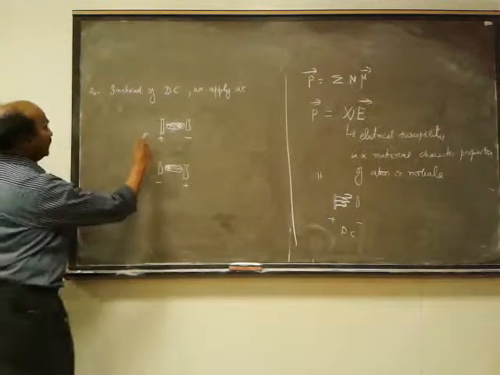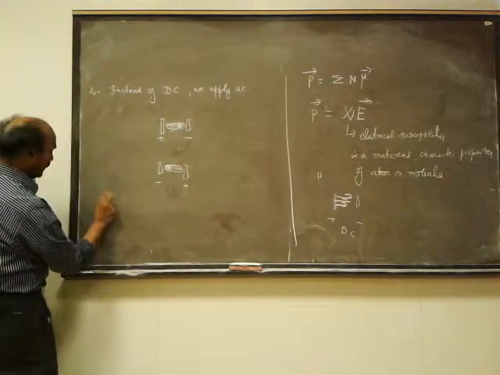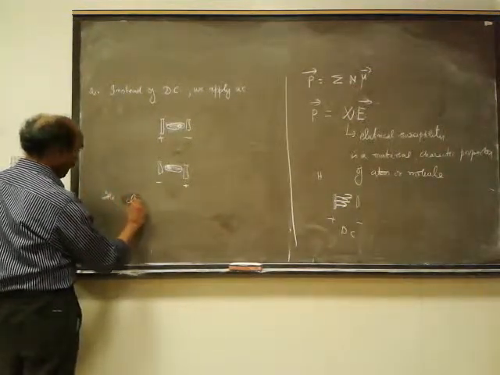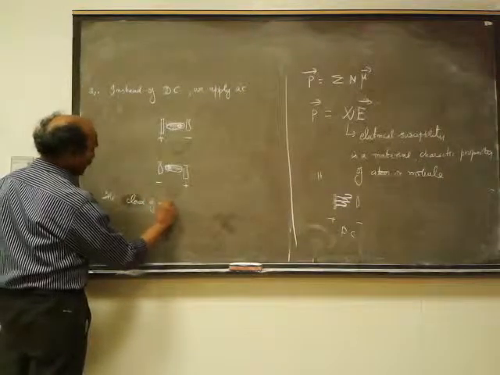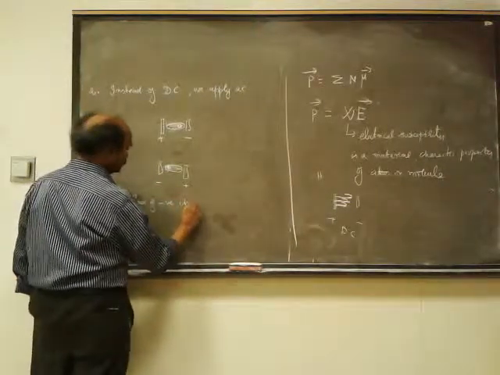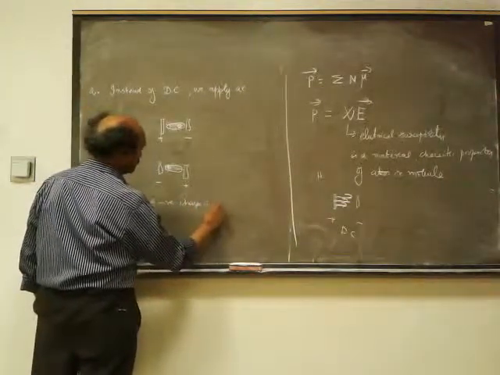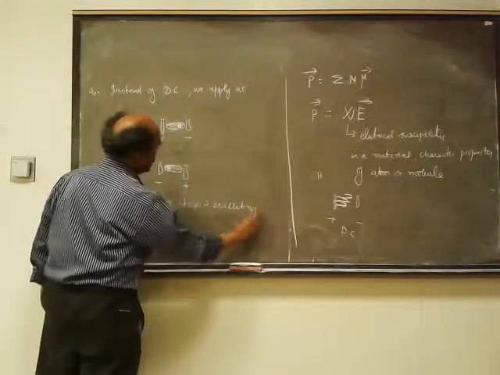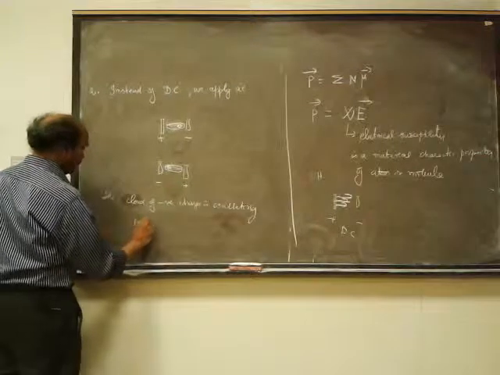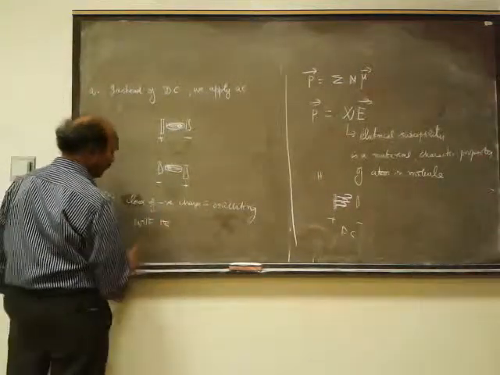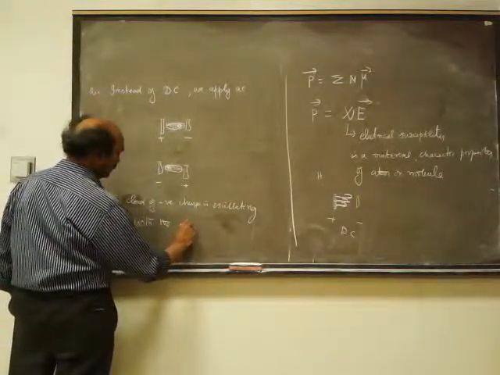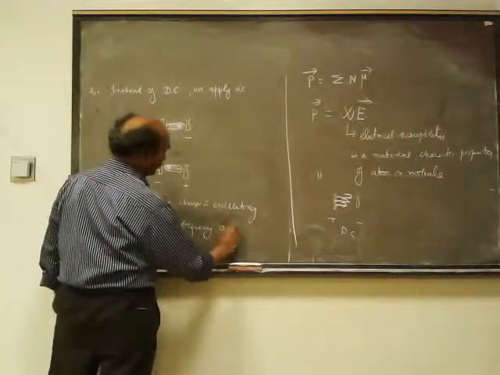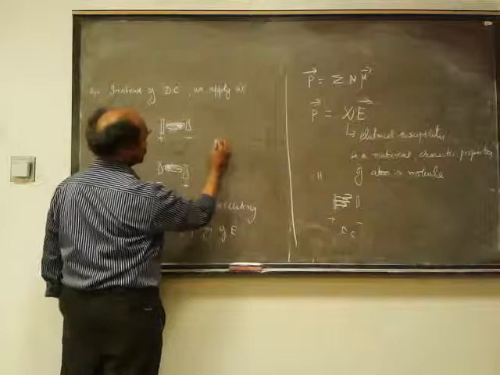So this will be oscillating. Now look at it. The cloud of negative charge is oscillating with the frequency of E. That means, look at this one.